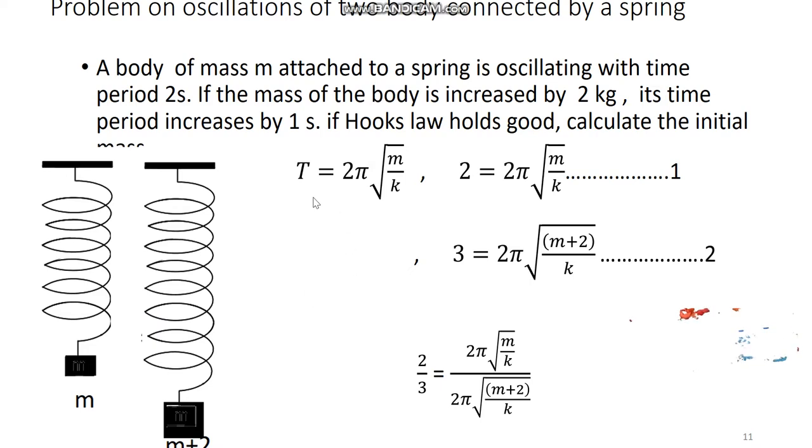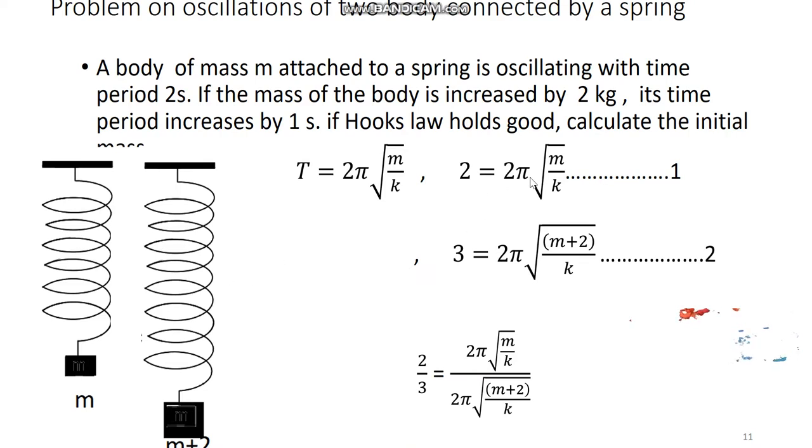So the formula, capital T equal to 2 pi square root of m by k. We have to substitute the value of the time period. For the first case, the time period is 2. The spring constant is the same for both the cases, while in the second case the mass is not the same.